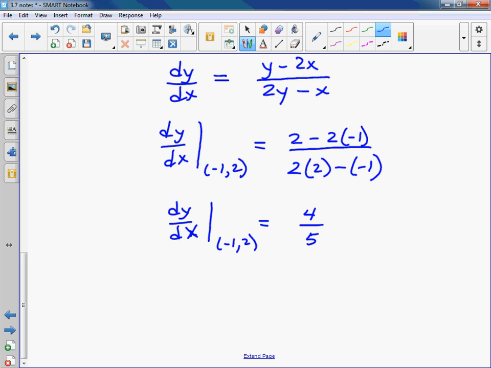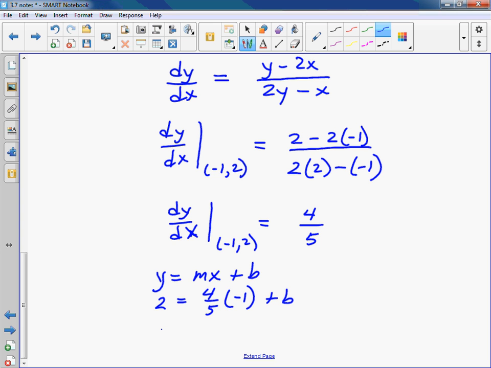Okay, so that's 4/5, and we know that the point negative 1, 2 is on that line. So we can use slope intercept form. y is 2 equals, slope is 4/5, and x is negative 1 when y is 2, plus b. Now b is our only unknown, so we can solve that.